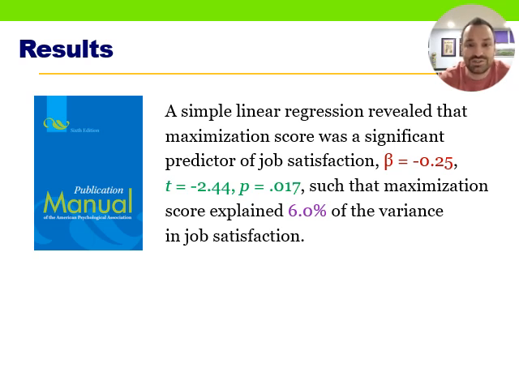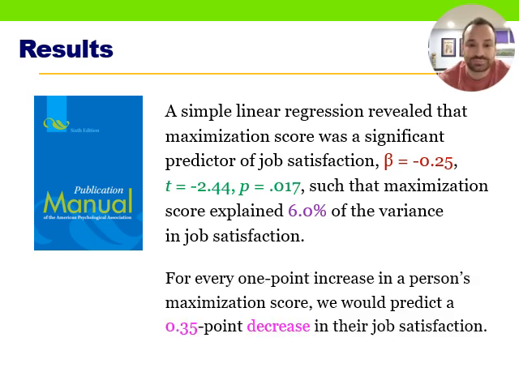So maximization score explains 6% of the variance in job satisfaction. The other 94% is not explained yet. We haven't put that part of the puzzle together yet. That kind of makes sense, right? There's probably a lot of other variables that are related to a person's job satisfaction other than just this one personality trait.